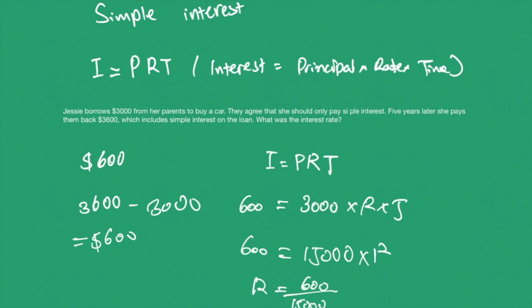Therefore, R equals 4%. By using the formula conversely, we get that R equals 4%.